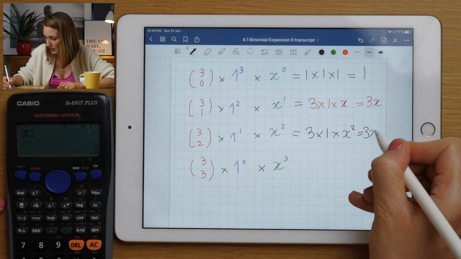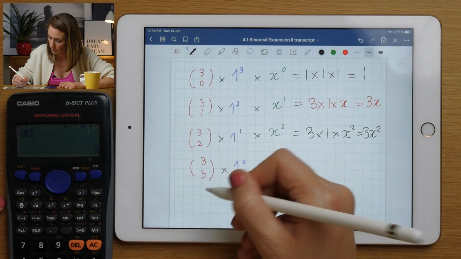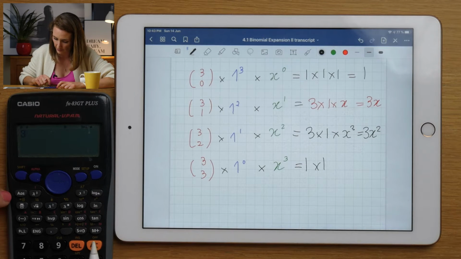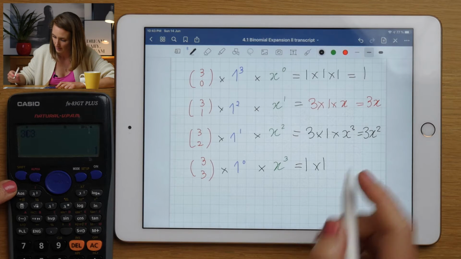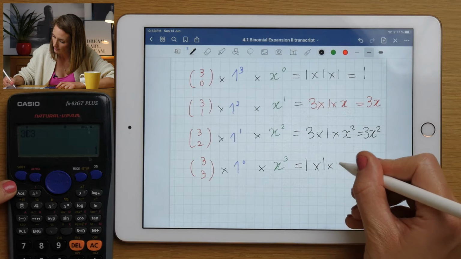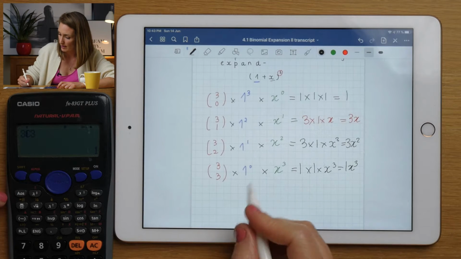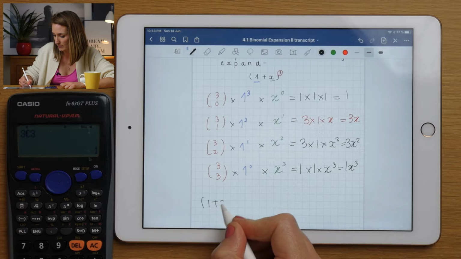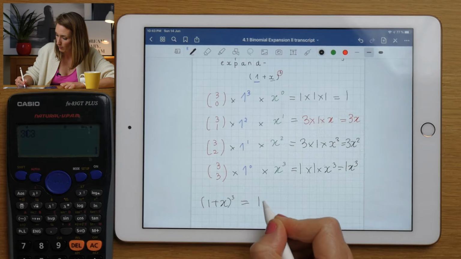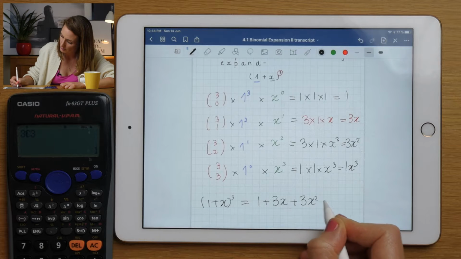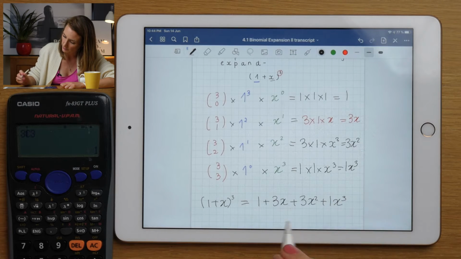So the next one is 3x squared, and 3 choose 3 is 1. Again, if you forget these little rules with the choosing, you can say 3 choose 3. So we can have 1x cubed. So if we write this out, we can say (1 + x)^3 is equal to 1 + 3x + 3x squared + 1x cubed.